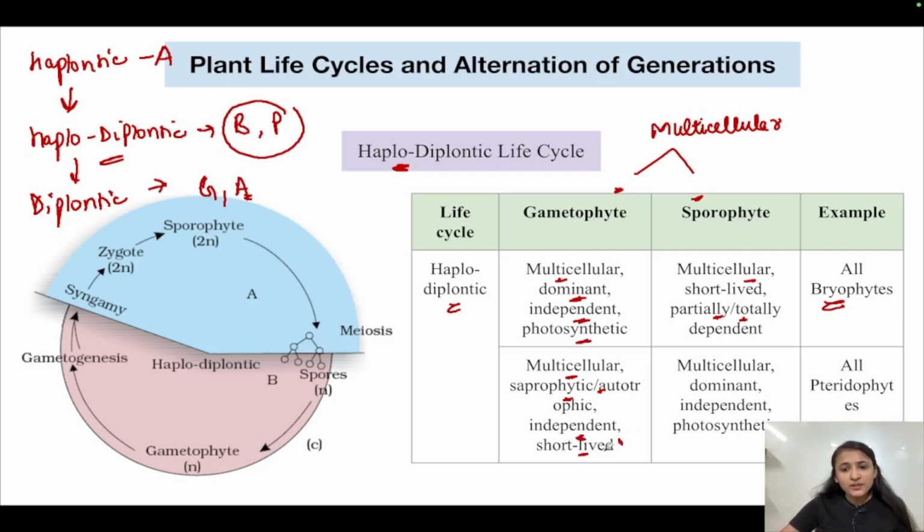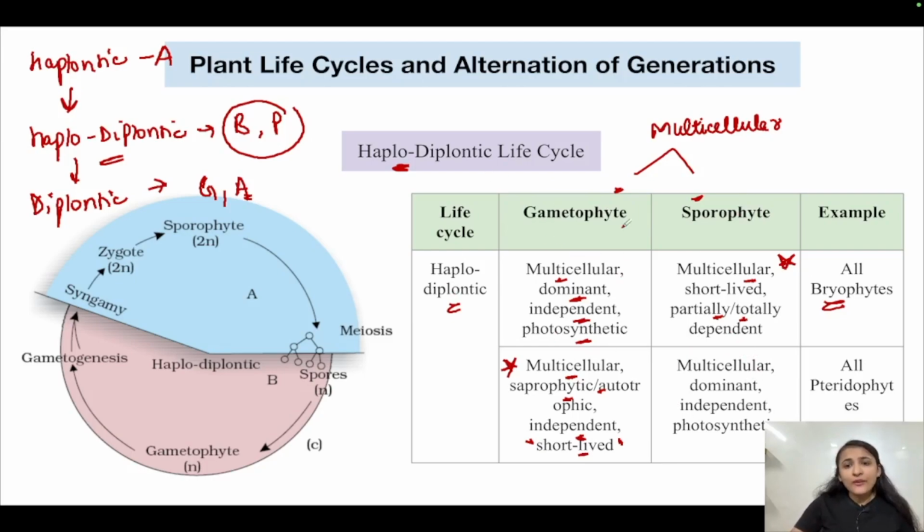It was not the dominant structure. In bryophytes the sporophyte was short-lived, whereas in pteridophytes the gametophytic stage was short-lived. Depending upon the plant group, these stages differ in dominance. In bryophytes the gametophytic stage is dominant, whereas in pteridophytes the sporophytic stage is dominant.